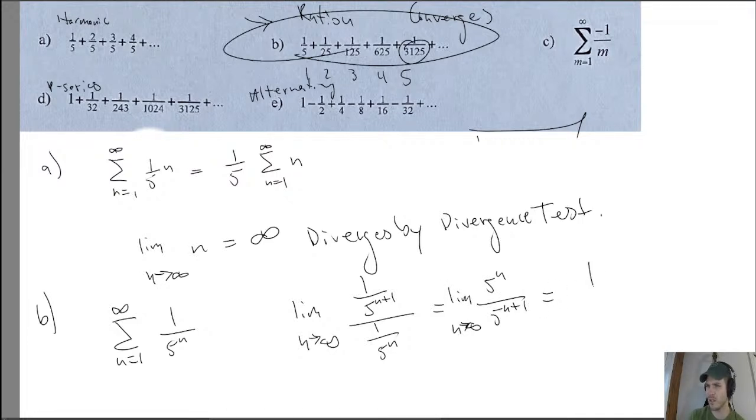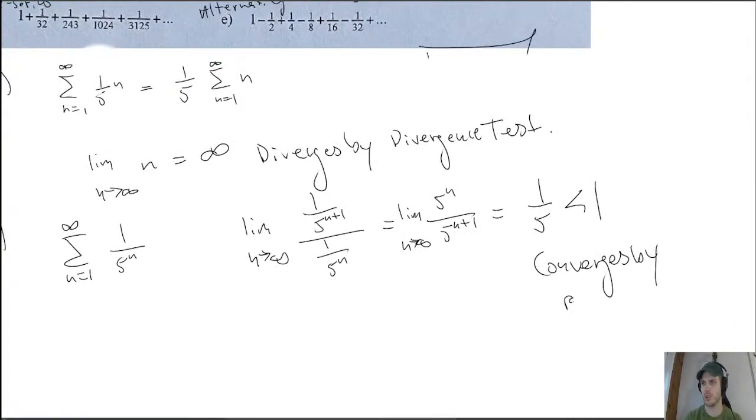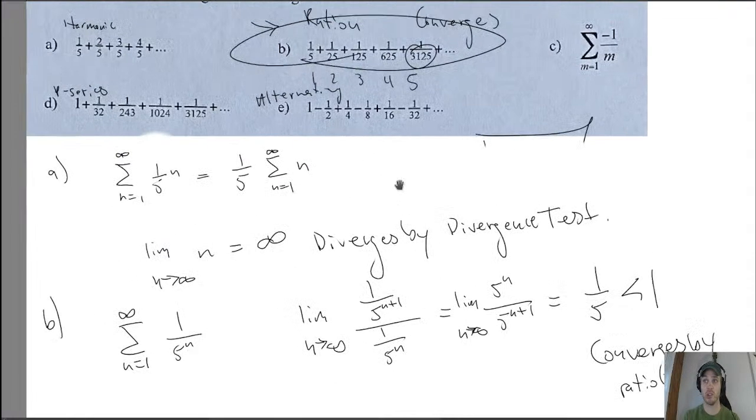And then this gives us 1/5, which is less than 1, so it converges by ratio test. Okay, so B is good.